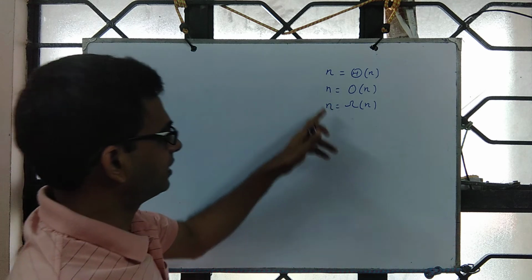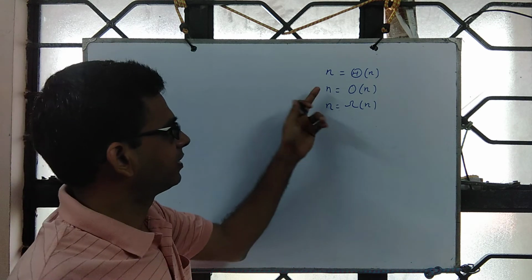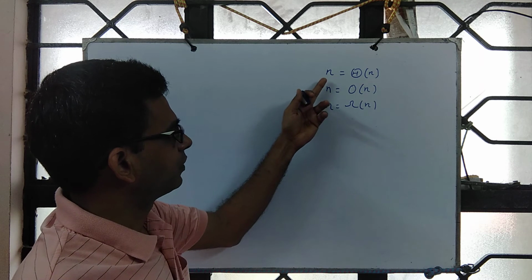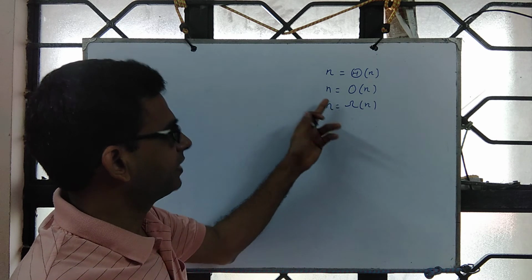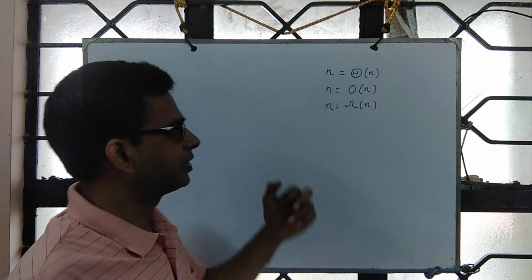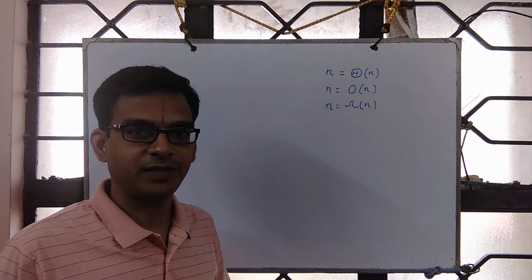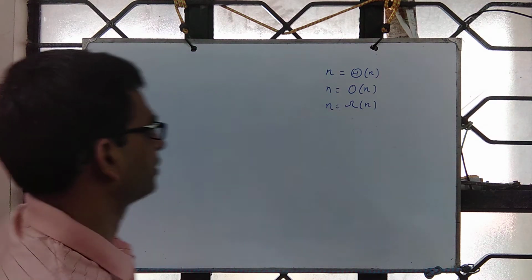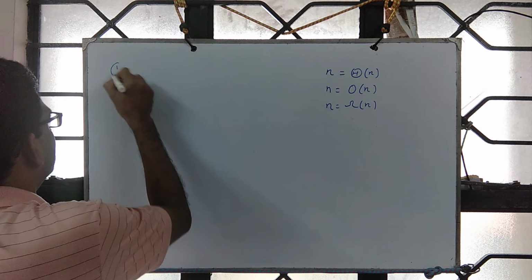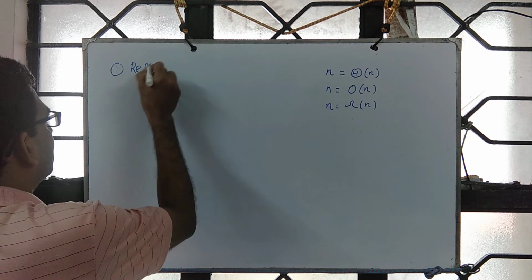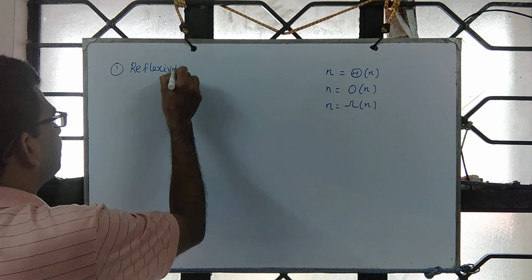And this can be generalized. These are all functions, right? So functions can be related. So one can talk about the interesting properties that we have seen in the context of relations like reflexivity, symmetricity, and so on. So the very first property is reflexivity.